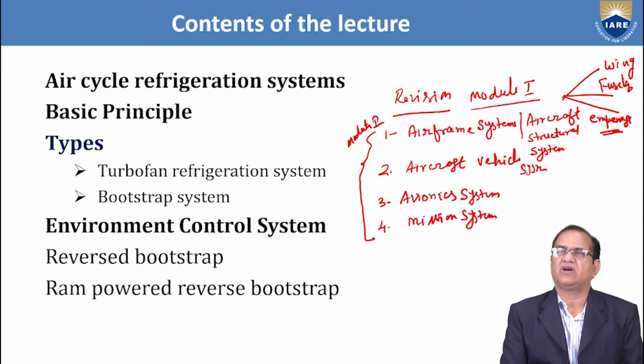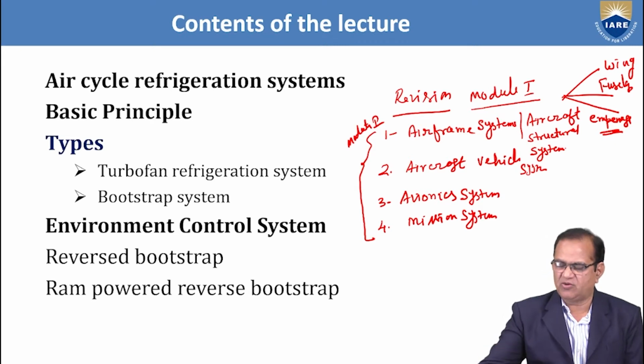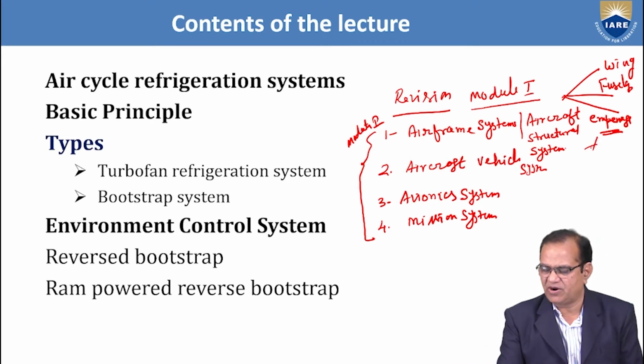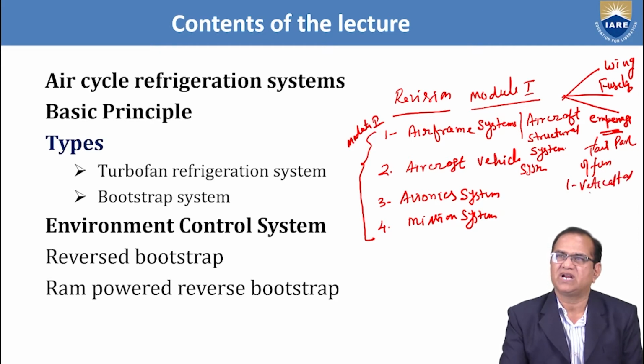Same way, the fuselage also has different types. And the empennage is the tail part of the fuselage. It consists of vertical tail, horizontal tail, then third one is tail boom.